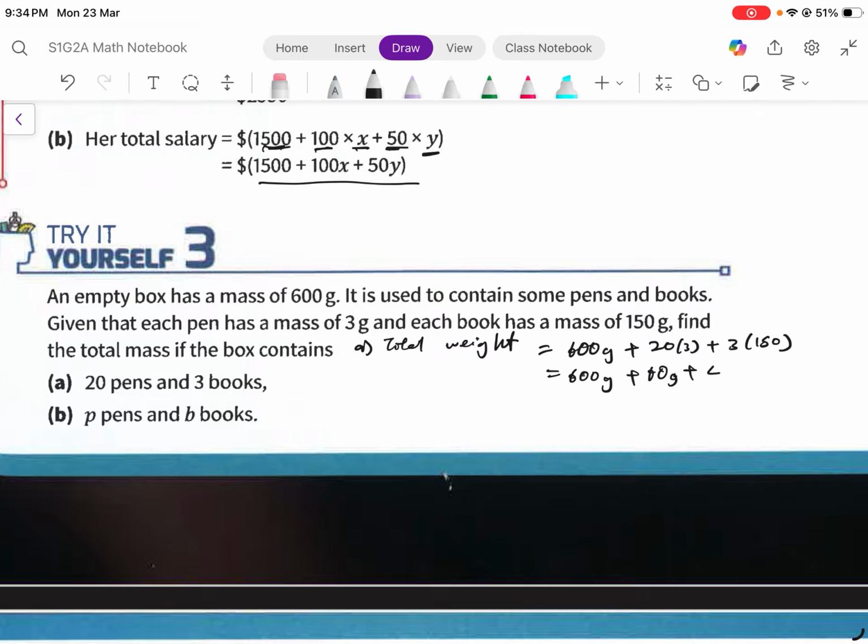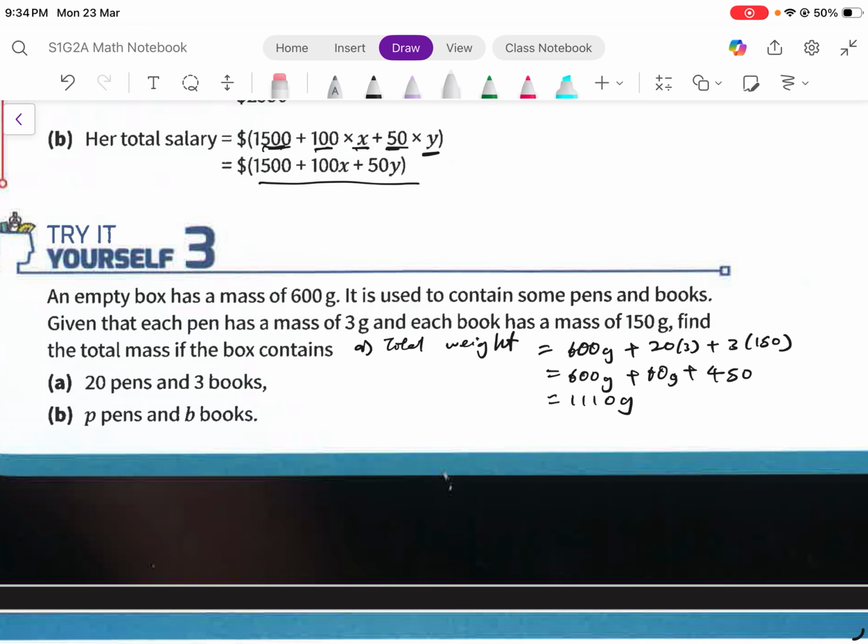So this will be 450, right? So 1050, 50 plus 60, 1110 grams.